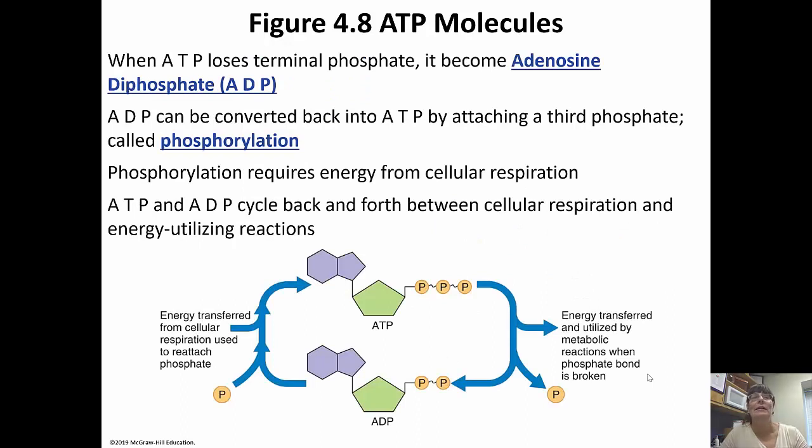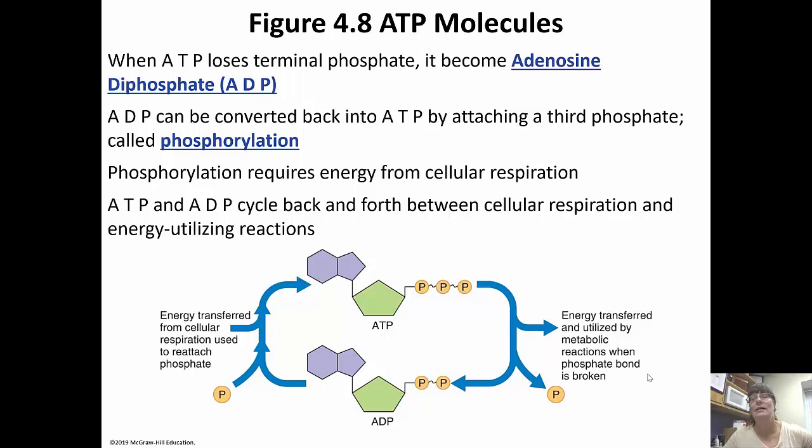As I just said, ADP can be converted back into ATP by attaching that third phosphate group, which is called phosphorylation. Phosphorylation requires energy from respiration, but this ATP and ADP cycle back and forth between respiration and other energy utilizing reactions.